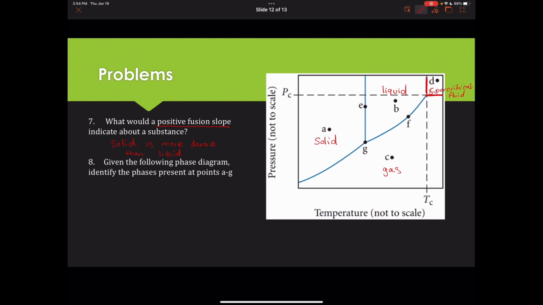So that means at E, we have solid and liquid present. F is between liquid and gas, so we have liquid and gas present. G is the intersection of all three lines, so we've got solid, liquid, and gas present.